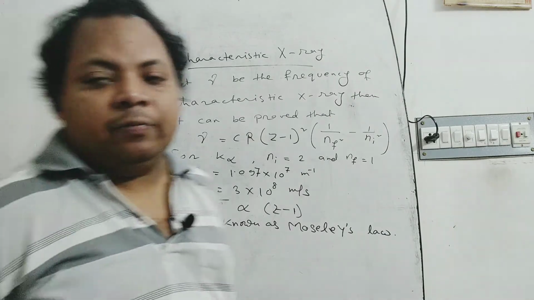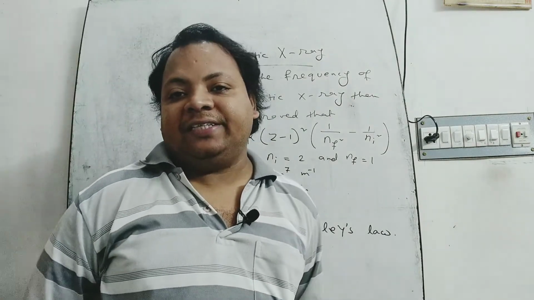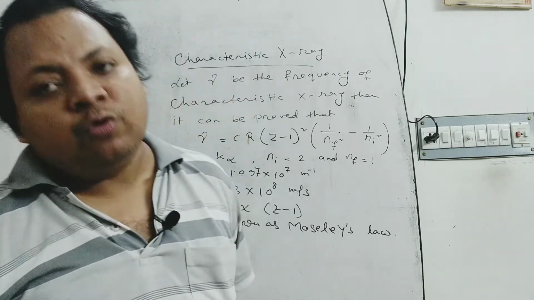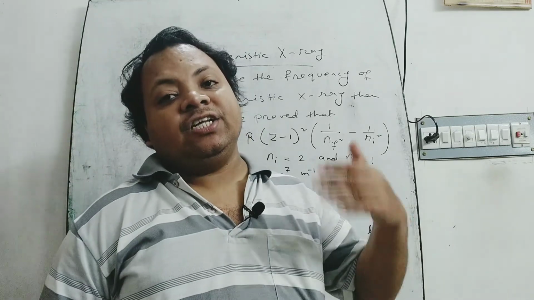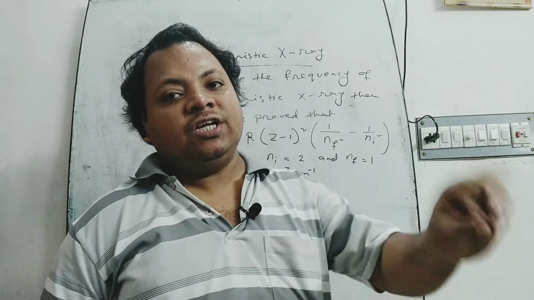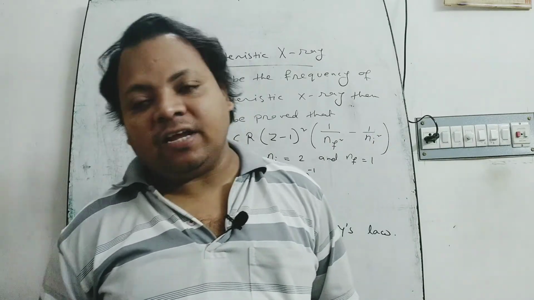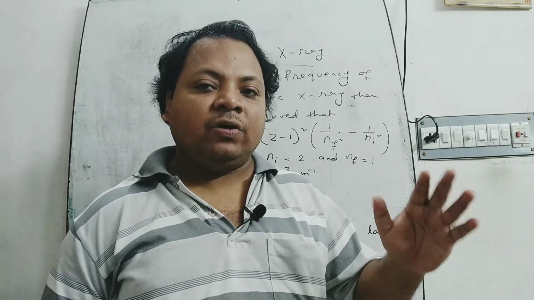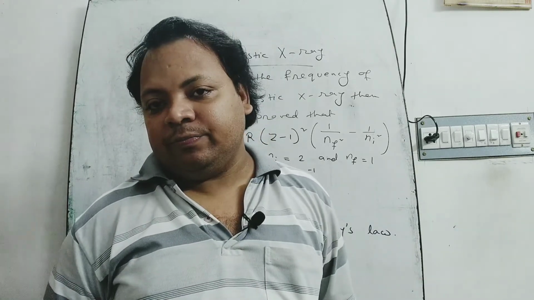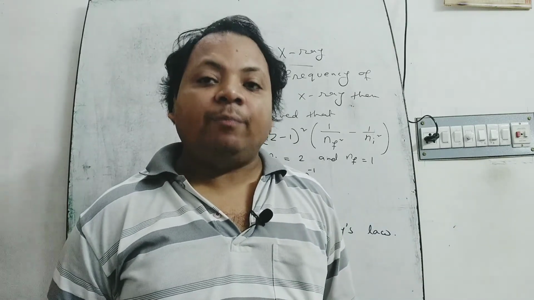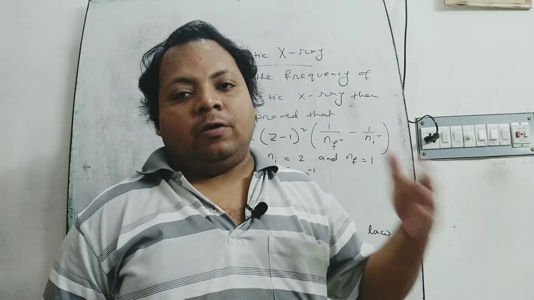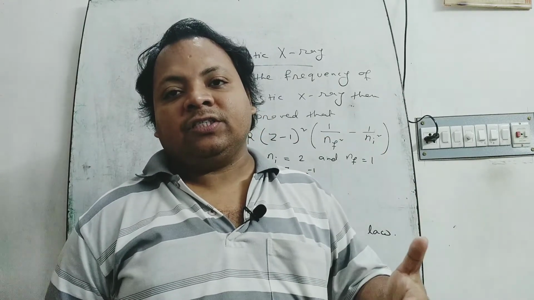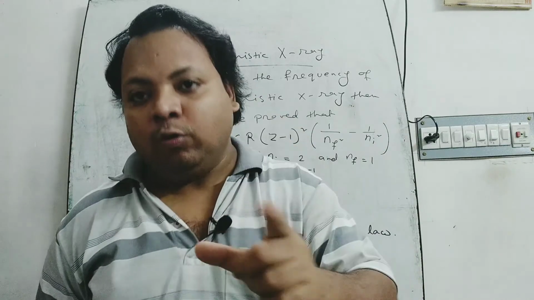Now, the uses of X-ray. You know that X-ray is used in medical science, in chemistry and physics. X-ray reacts with photographic plate. X-ray can penetrate our bodies except bones.